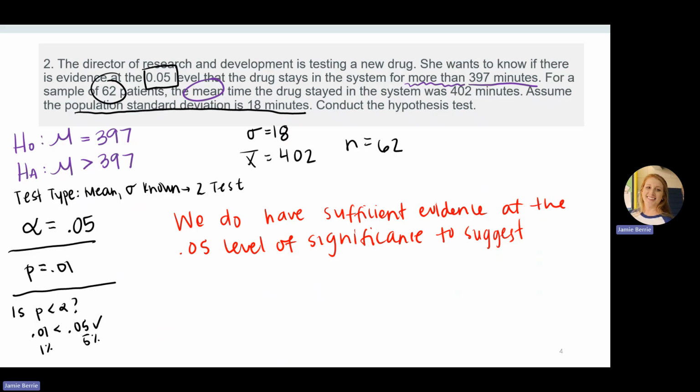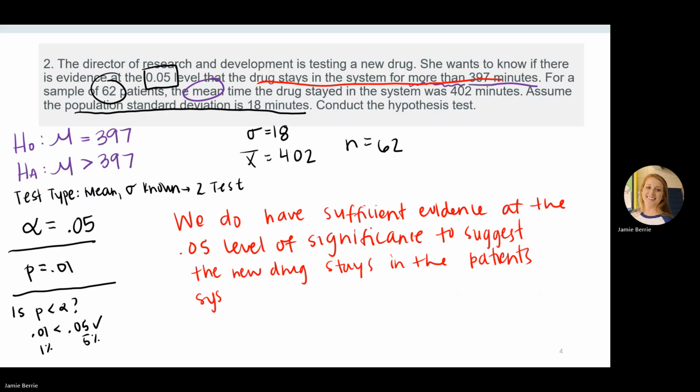So we do have sufficient evidence at the 0.05 level of significance to suggest that the new drug stays in the patient's system for more than 397 minutes. All right, so in this scenario, we were able to reject H0.